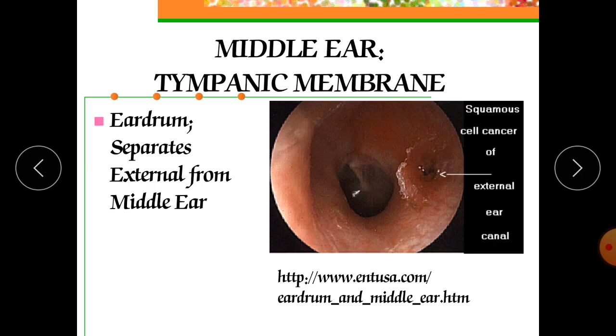At the wall of the canal the ceruminous glands are located, and these secrete earwax, a sticky substance which adheres to the wall of the canal. It is called earwax or cerumen.